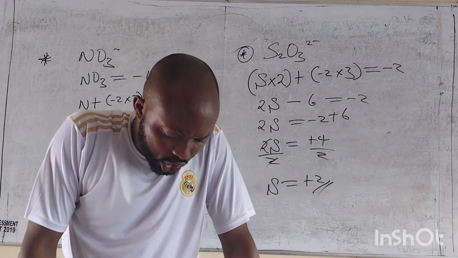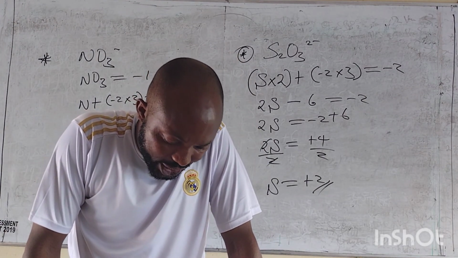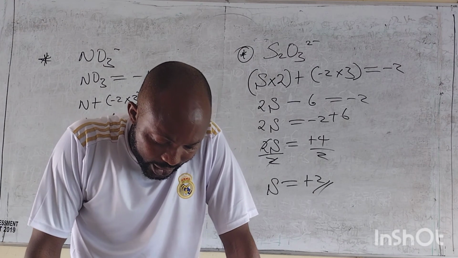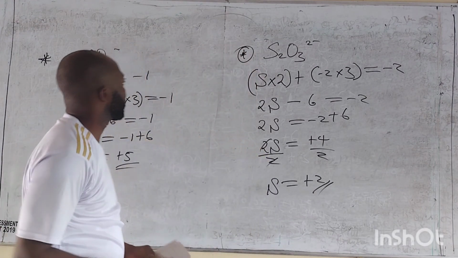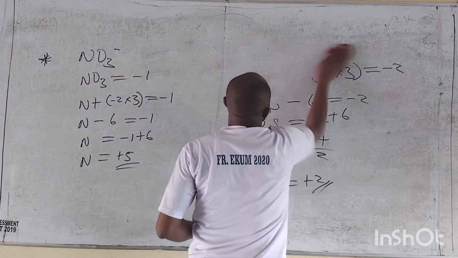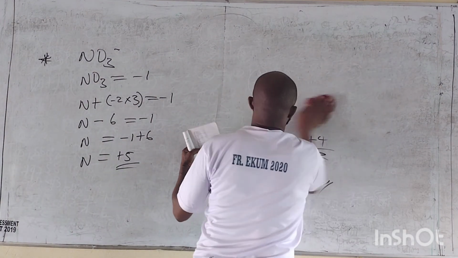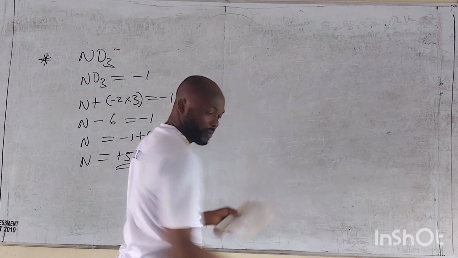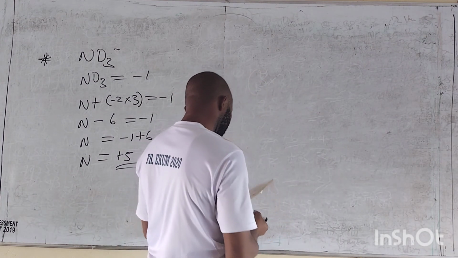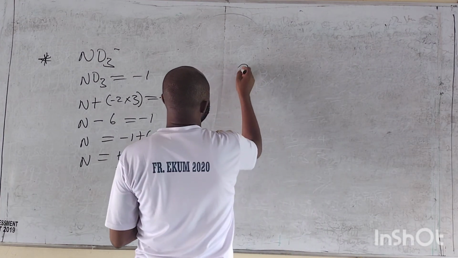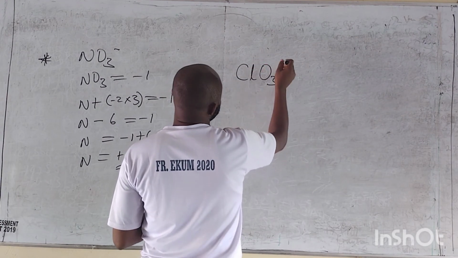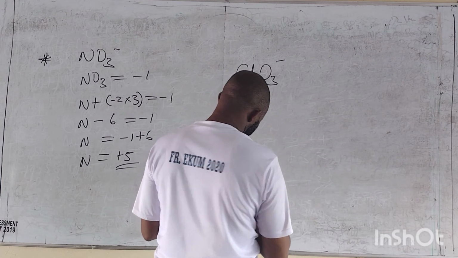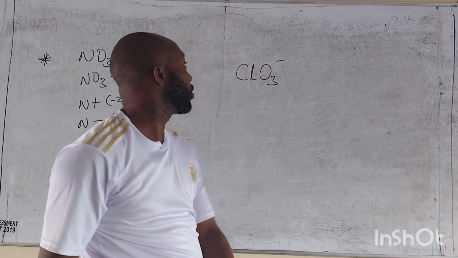We should calculate the oxidation number of chlorine in this compound. We're calculating the oxidation number of chlorine there.